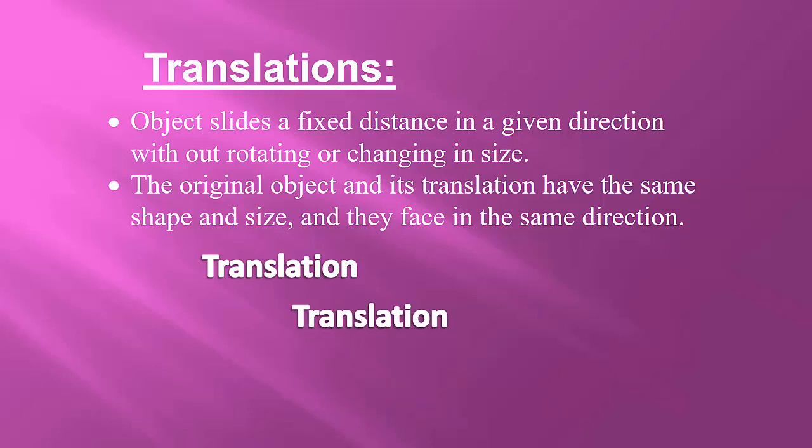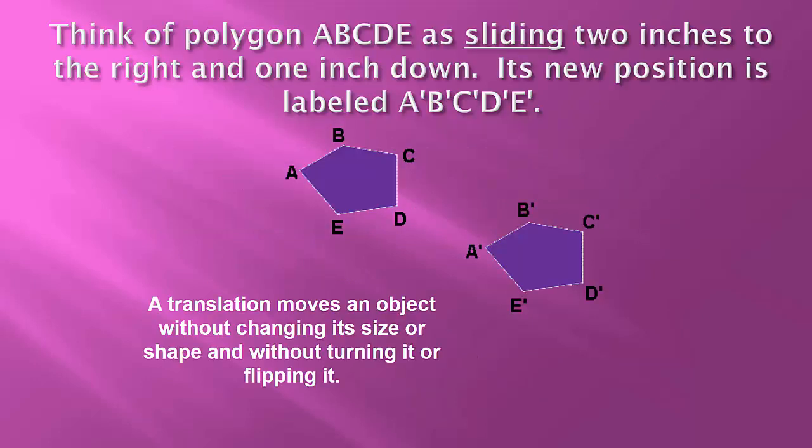So notice that the translation simply shifted down. It didn't change in size. It didn't change in its shape. It simply shifted down and to the right each time. So we can think of polygon ABCDE as sliding 2 inches to the right and 1 inch down.